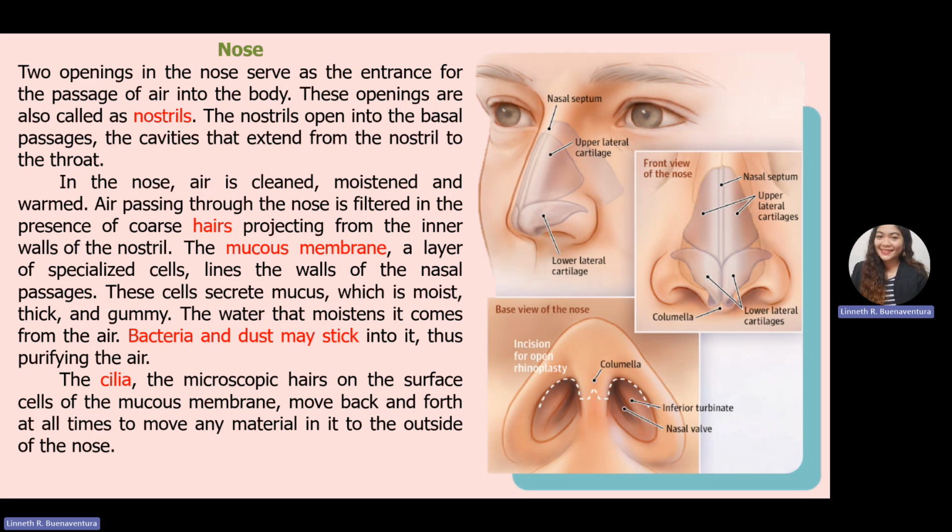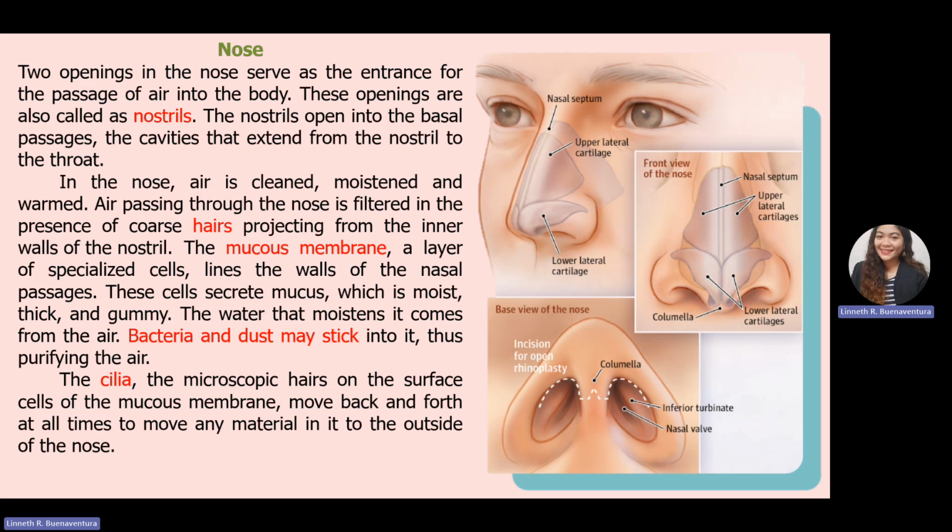In the nose, air is cleaned, moistened, and warmed, in preparation for the air to enter our respiratory system. The air passing through the nose is filtered by the coarse hairs projecting from the inner wall of the nostril.